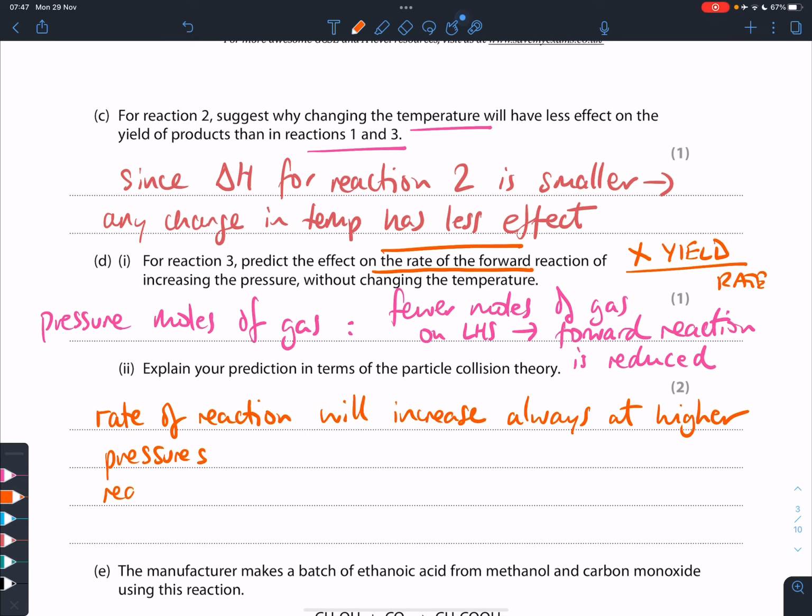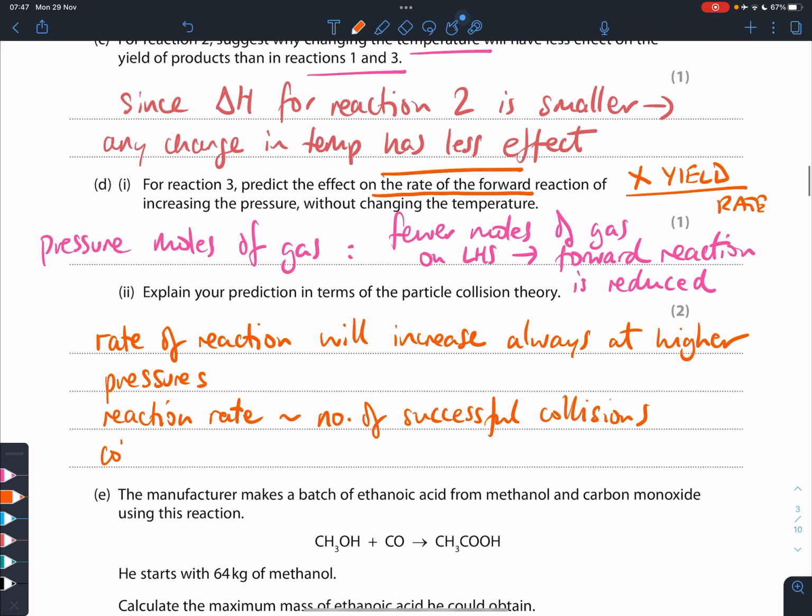Because a reaction rate depends on the number of successful collisions. And a successful collision is a collision with enough energy to make the reaction happen, to exceed the activation energy.